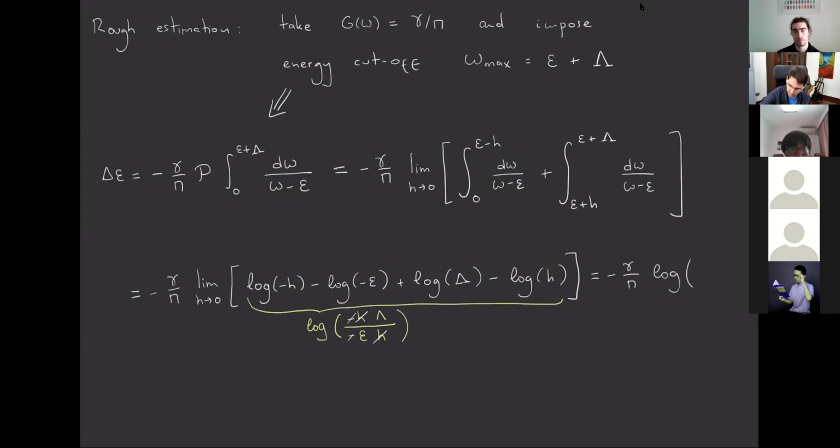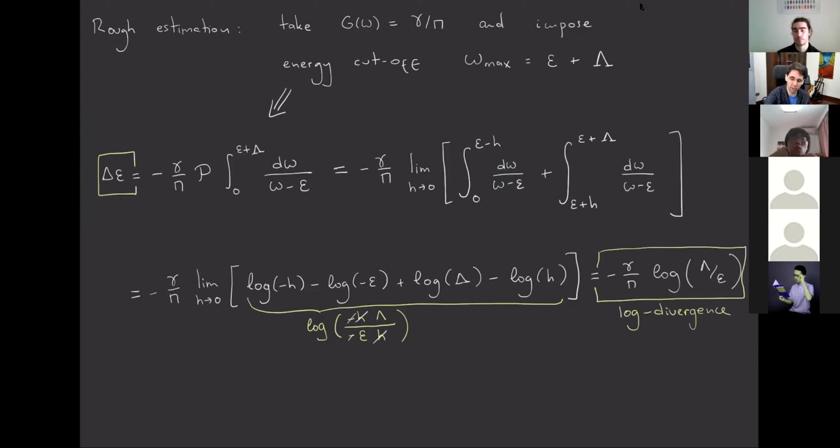So we get this expression in here. Okay? So the important thing is to remember that the lamb shift, in our case, in this one-dimensional case, has a logarithmic divergence. Okay?